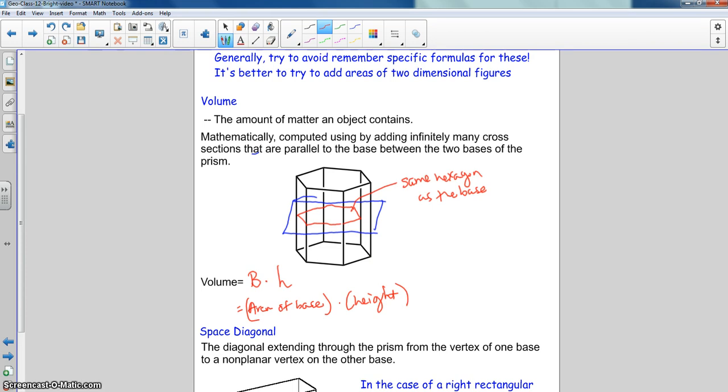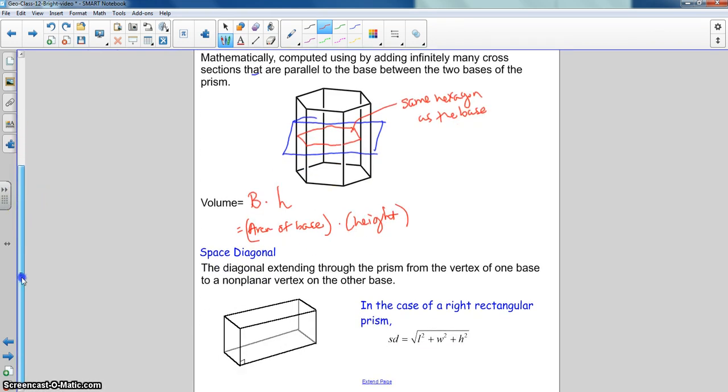The last thing, and this one might be new, is called a space diagonal. So it's a diagonal that actually moves through space. It's not that it'll lie on one plane, but it's not on any plane that is used to construct the prism of interest.